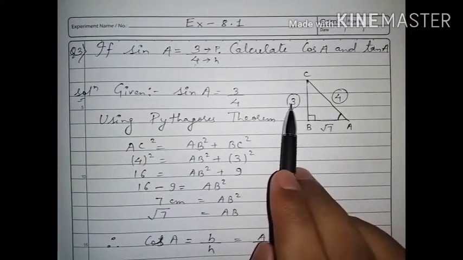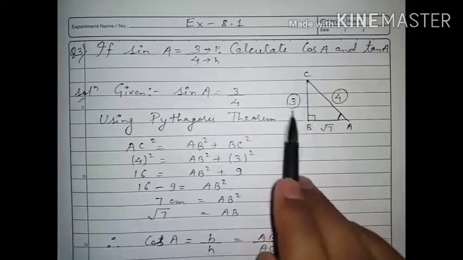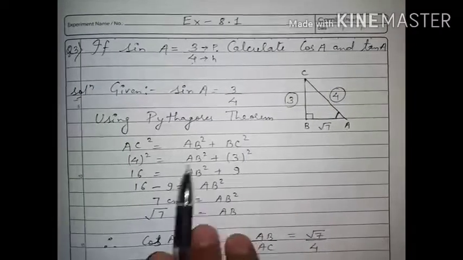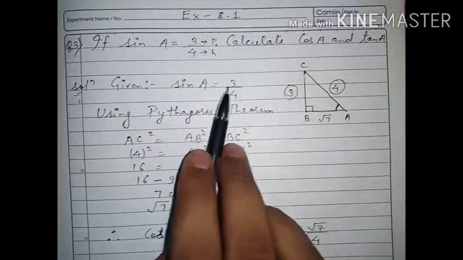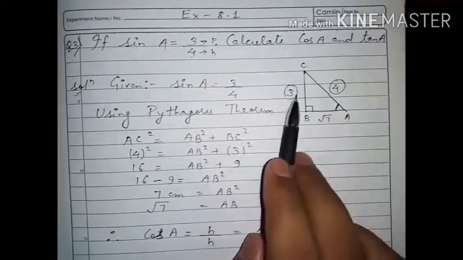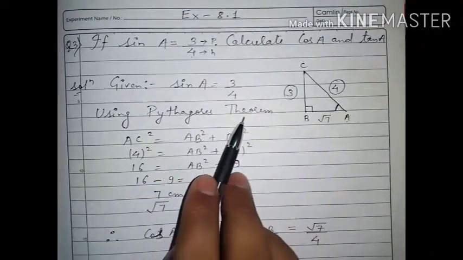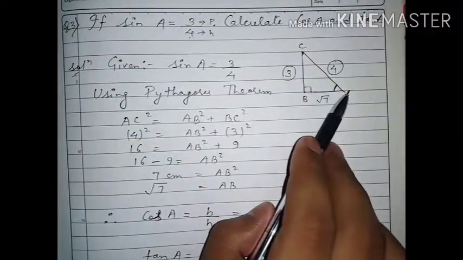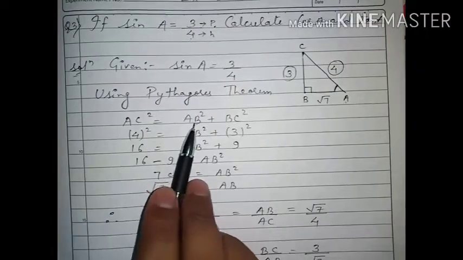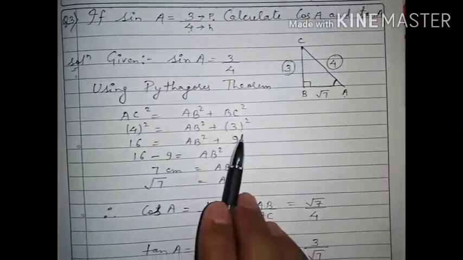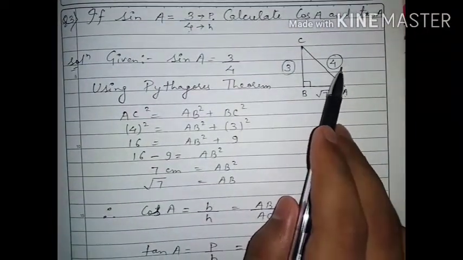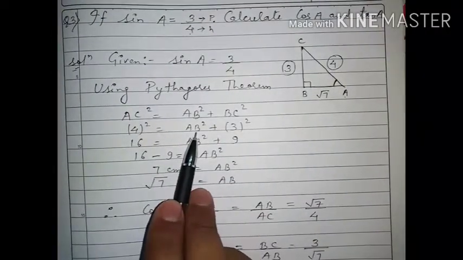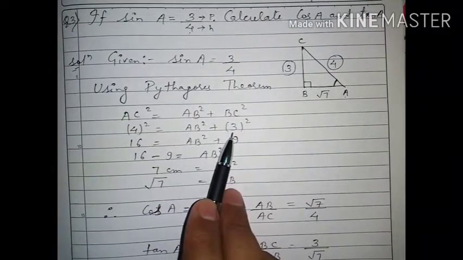Now after getting these two sides, you can easily find the third side of this triangle. Using the Pythagoras theorem, the longest side, that is AC square is equal to AB square plus BC square. Putting the value of AC is 4 here, and AB you have to find, and BC is given 3 centimeter.